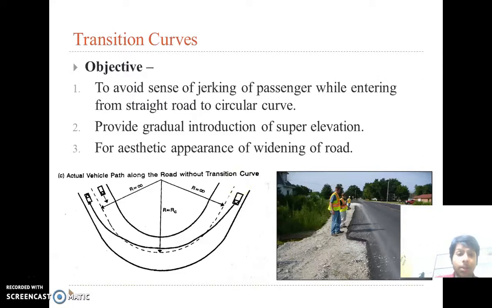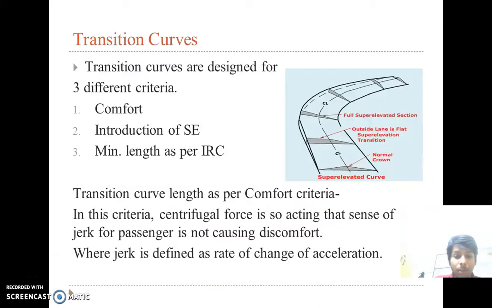So this may all happen if the straight road is directly connected to a circular curve. And one more thing, if we are providing extra widening on the curves, then it may look like this. It is not aesthetically good. So to compensate all these things, we are providing transition curves.